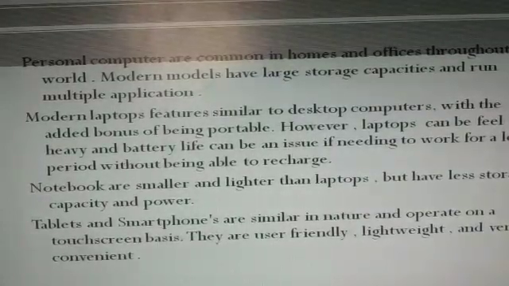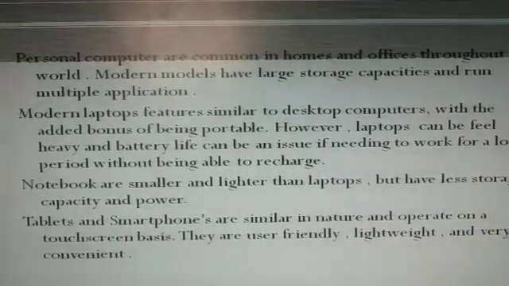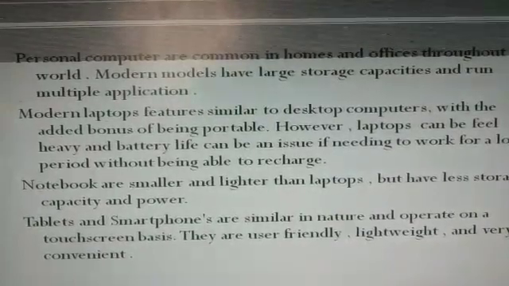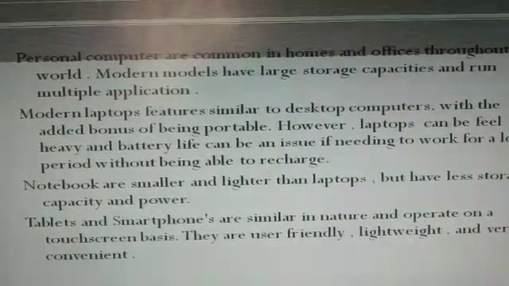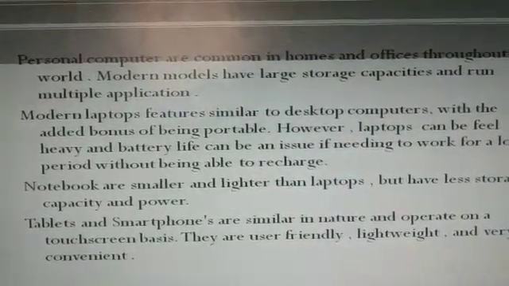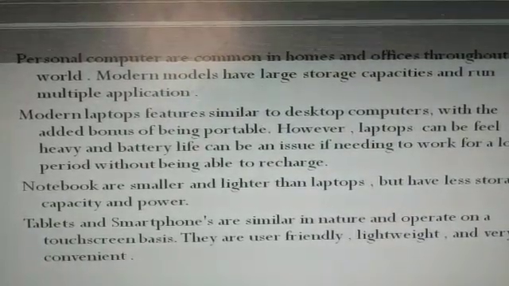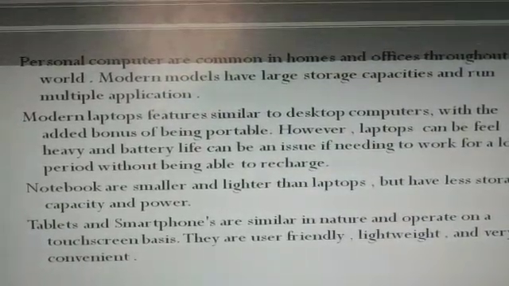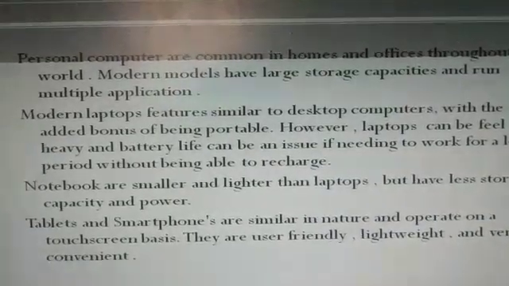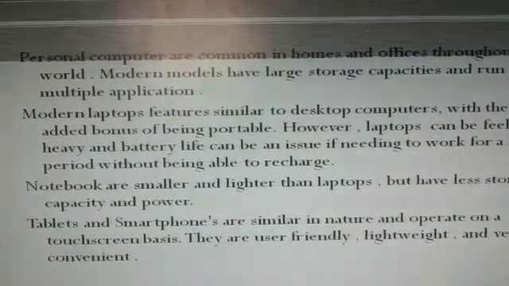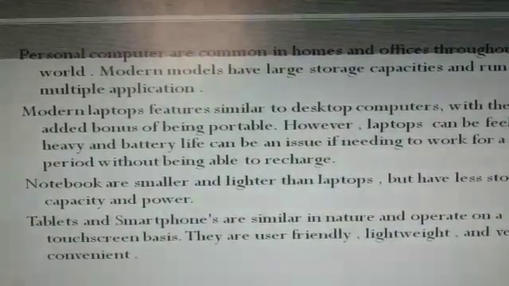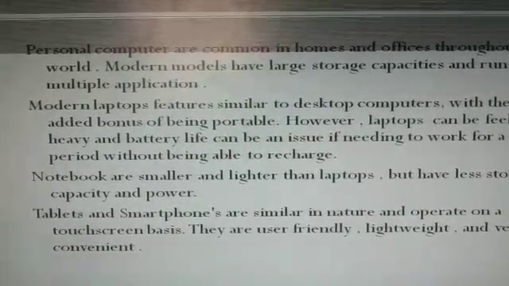Notebooks are similar and lighter than laptops, but have less storage capacity and power. However, their small size and minimal weight make them attractive for browsing the web, checking emails, and creating documents when not in the office. Now, tablets and smartphones.